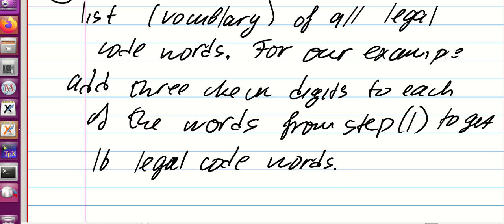That's for our specific example. Examples could be a little different, but for our example, that's what it would be.